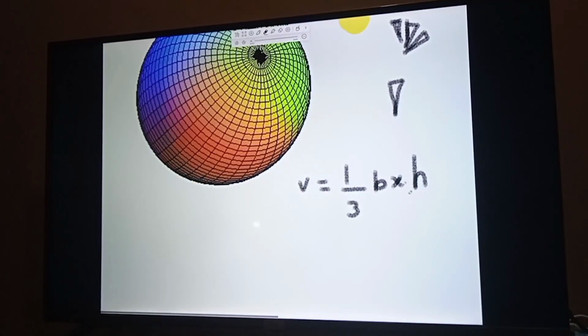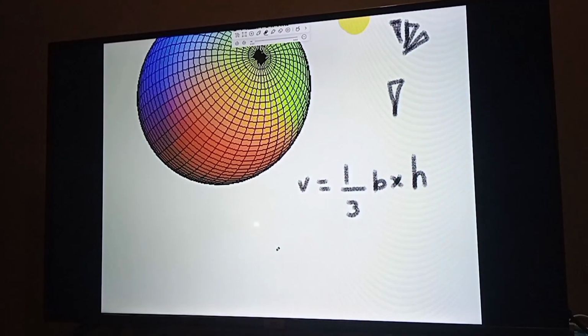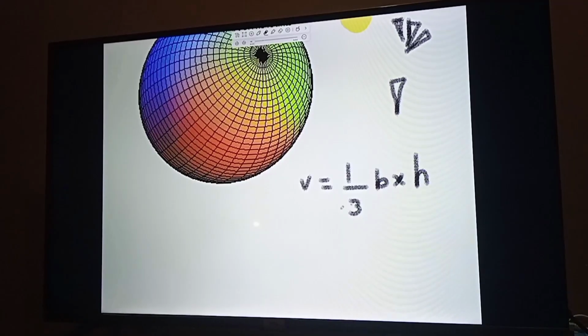Now let's replace this height with r, because the radius of the sphere and the height is the same.